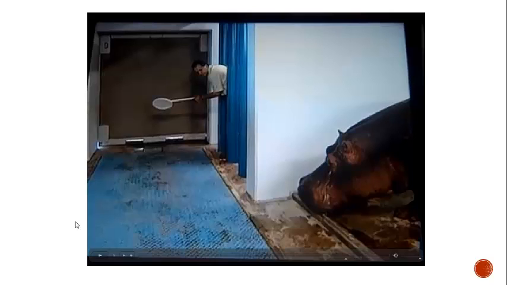Next, we're going to see an example of operant conditioning, or trial and error learning. We're going to see something called the Skinner box.